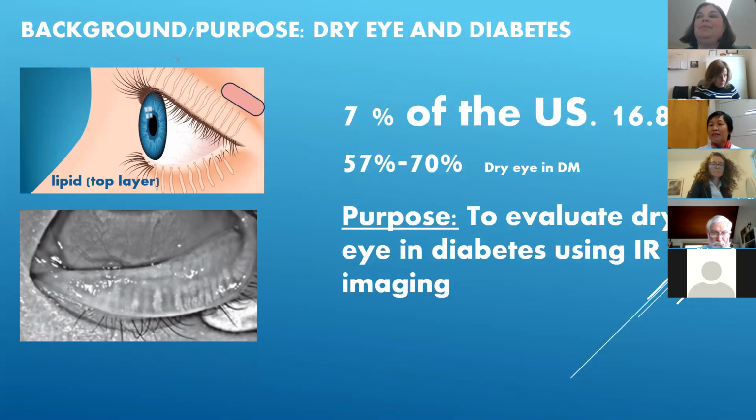Some people speculate, why do they have in diabetes this problem of meibomian gland dysfunction? They think of microischemia, loss of blood vessels, or inflammation, because diabetics in some cases have greater inflammation in various blood tests. So we will look at some of this.